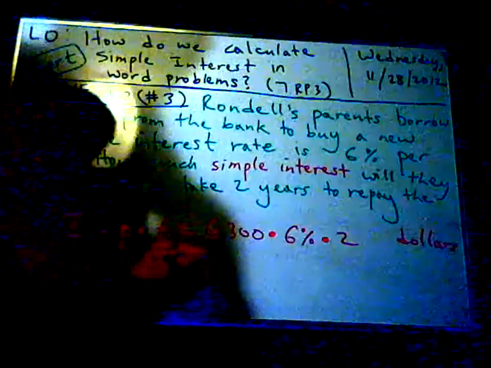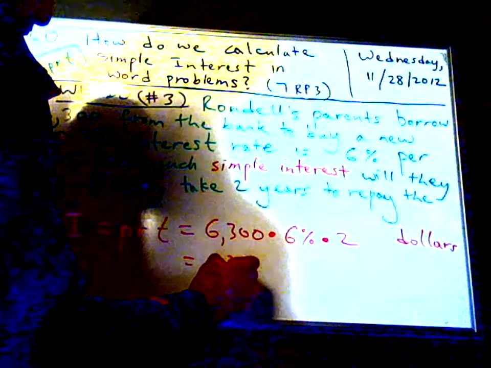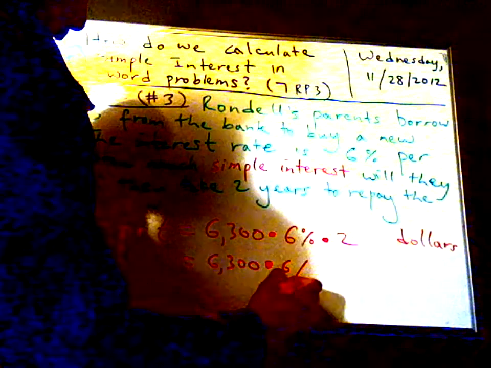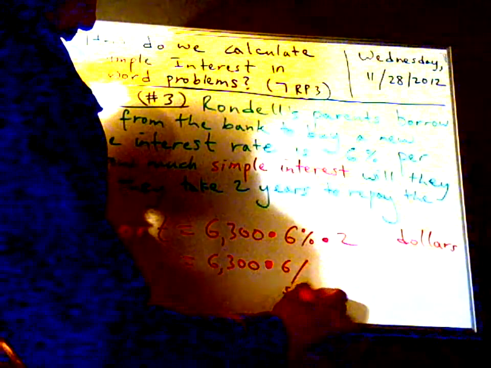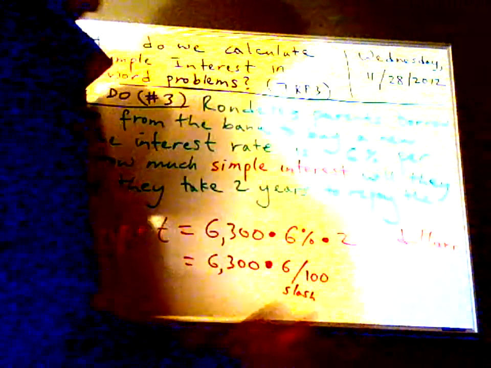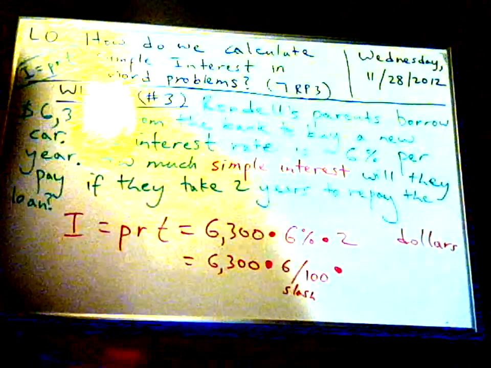So you change your 6%, you can write it as 6/100. You multiply by 2, and this is all in dollars.